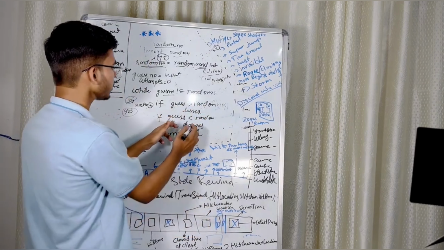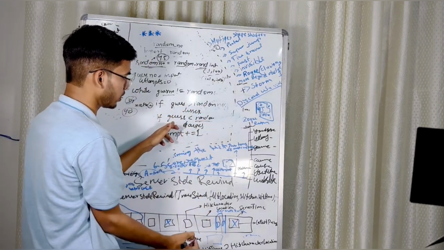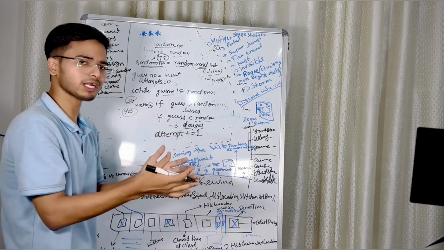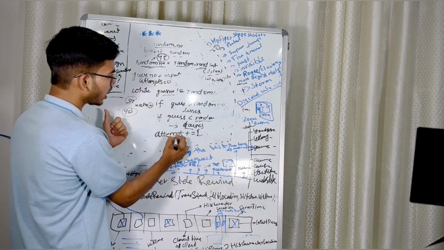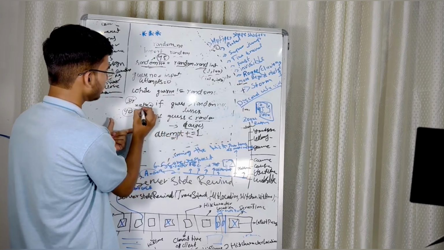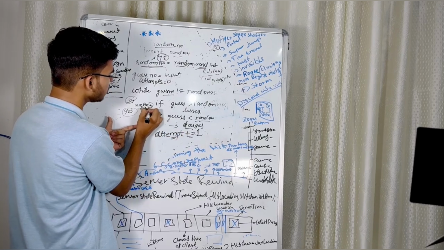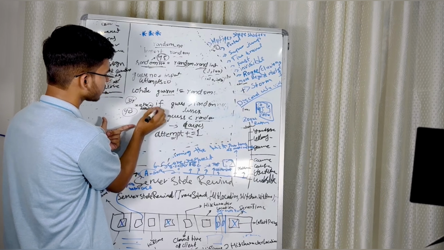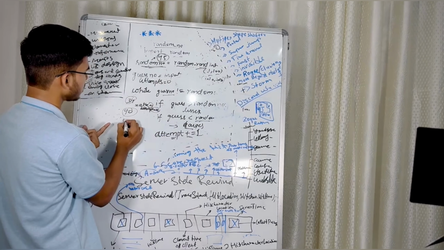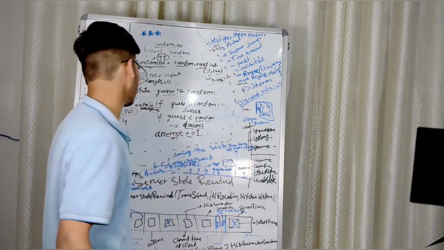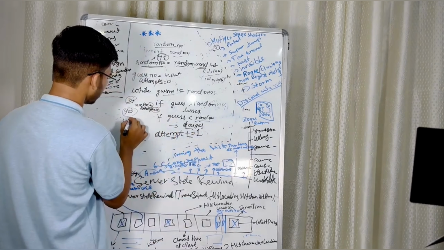No, the guess number is still lesser than the random number. Now it would again say that you must go with the larger number. But in that flow, attempts would be attempts plus 1, which means the number of attempts is right now 2. Now the user will enter another number. Let's say this time his luck is so good that he just enters the number 45.